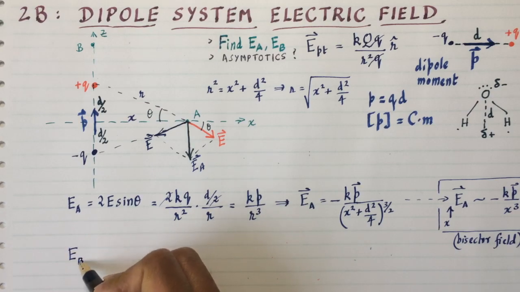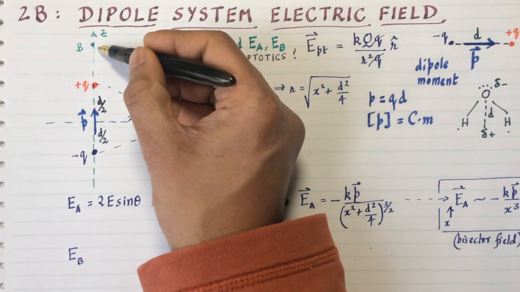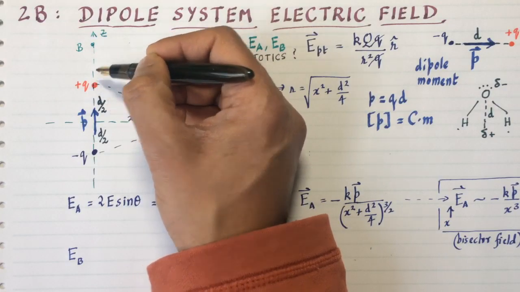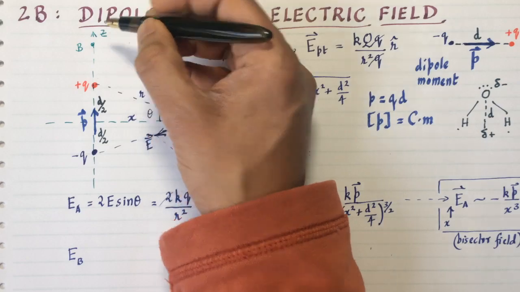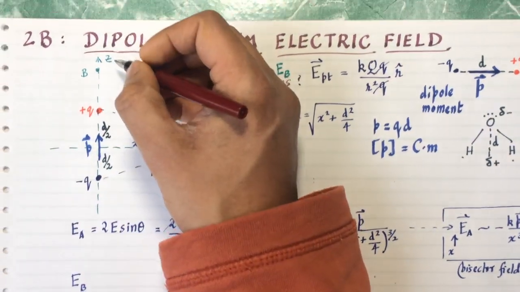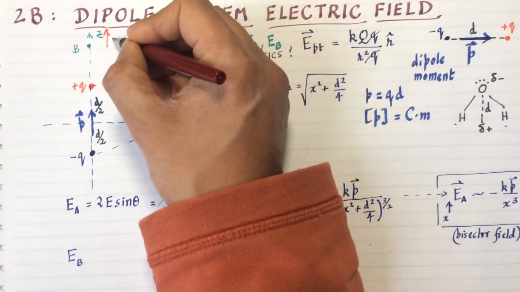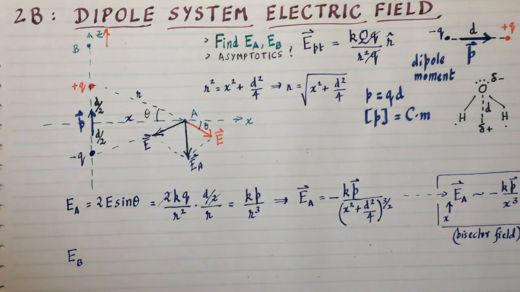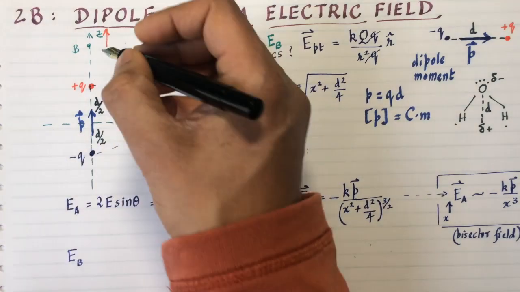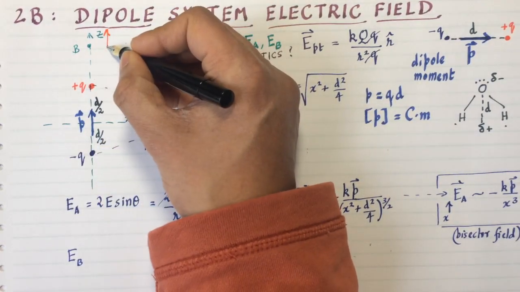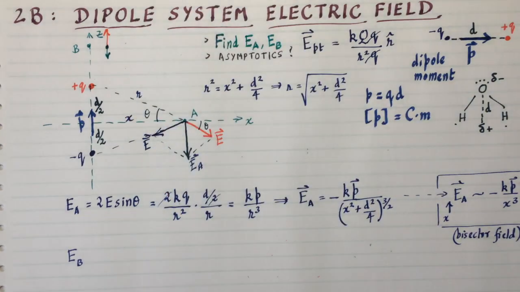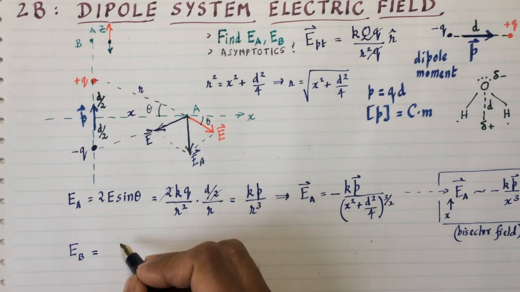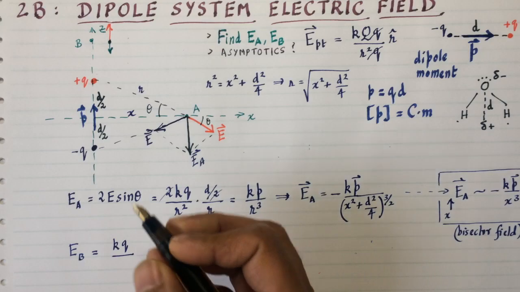Again, I'll worry about the vectors at the end. E_B is going to be the electric field due to the plus charge, which, plus charges put electric field out away from it, and then the minus charge, because it's farther away from the point B, is going to suck pretty weakly. So the net effect is still going to be along the z-axis. So the magnitude of the electric field is going to be k times Q over the distance.